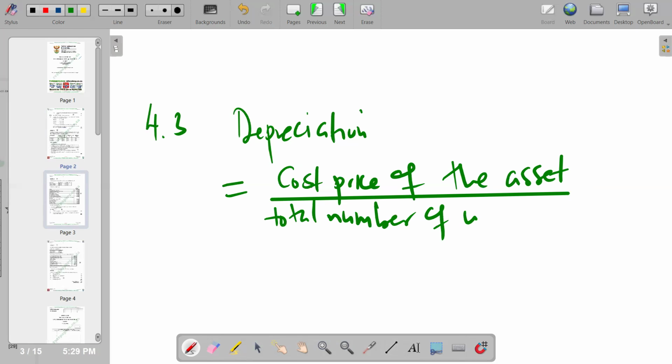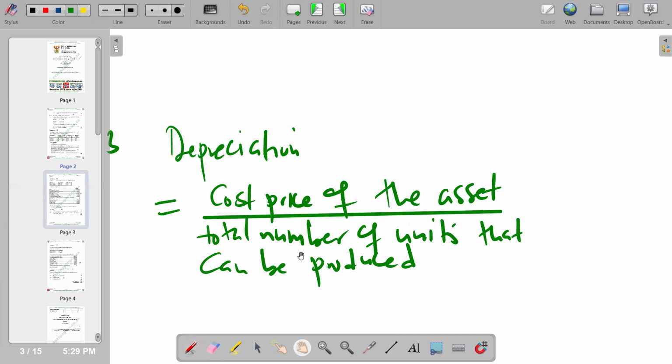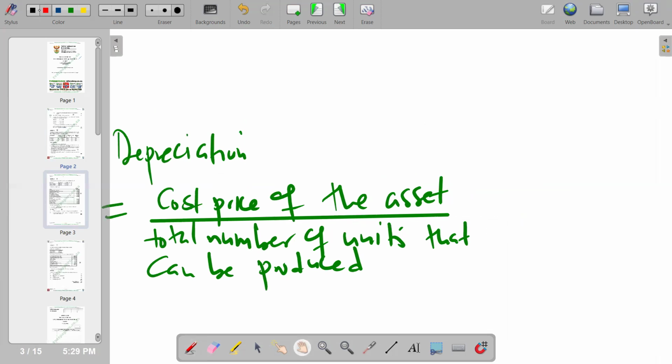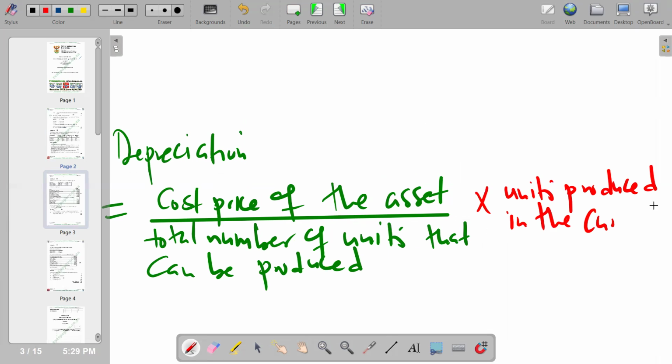The answer that we get, we multiply by the units produced in the current year. So this is the formula for the production unit method.